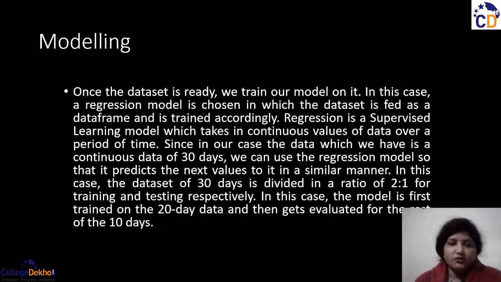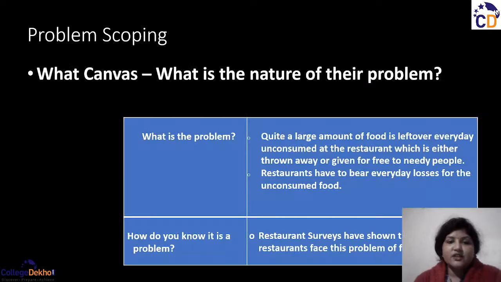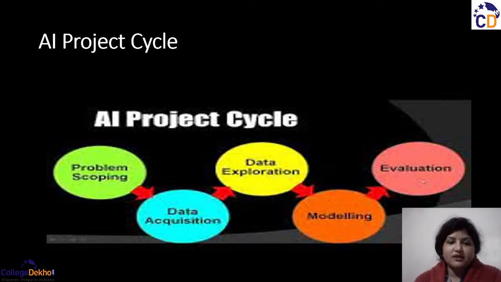And the most important thing is you cannot change the sequence of these steps. This is the cycle. You cannot say after problem scoping I'm going to evaluate the model, right? These steps are in ordered format, and we need to follow the same sequence.